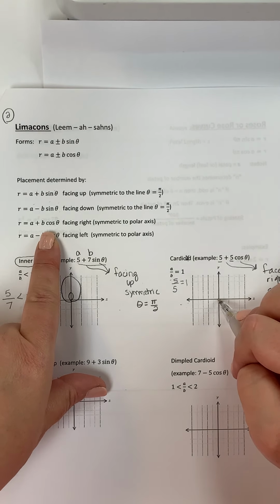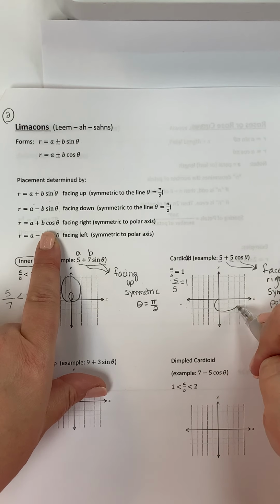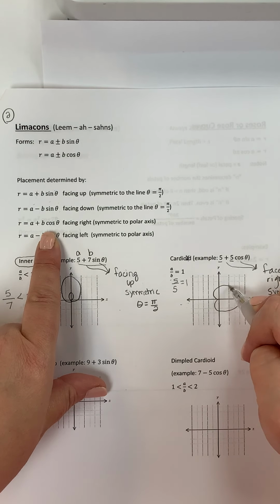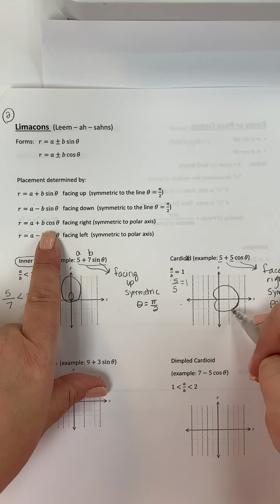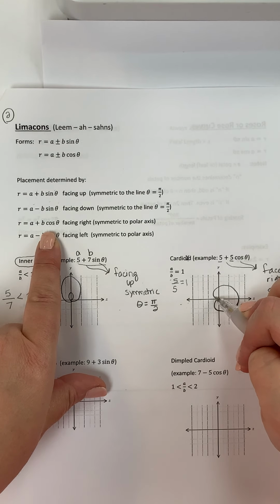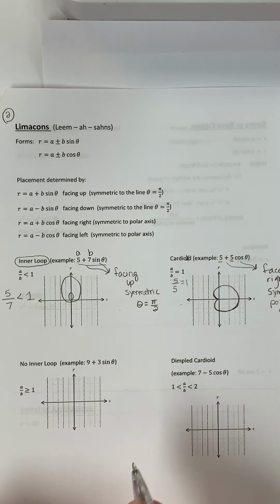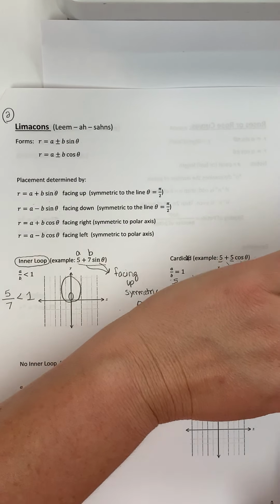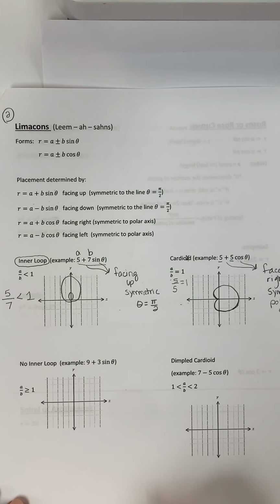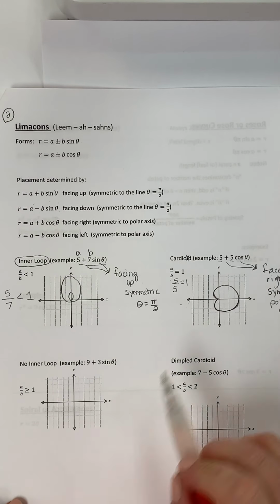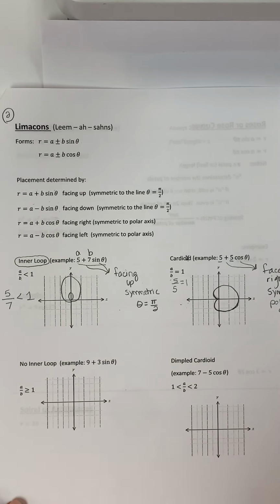So what that's going to look like is, almost like a little peach or a little apple that kind of dips in there, and it's pointing toward the right, just like that. And that would be an example of a cardioid. It does not have a loop, it just goes in at a very sharp point.